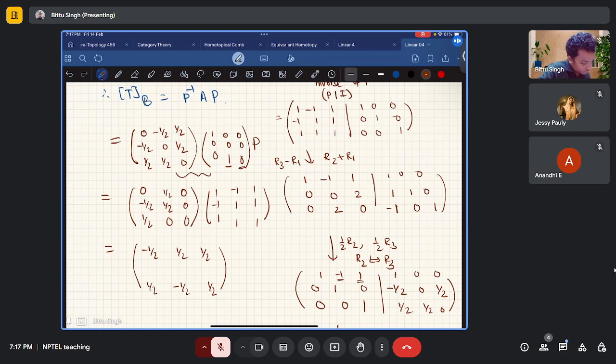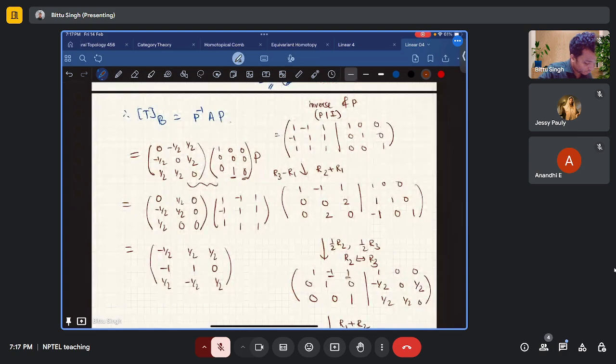And now we need to see what the second row will be: minus half minus half minus half, which is minus 1, then plus half, which is 1, then minus half plus half, which is 0.